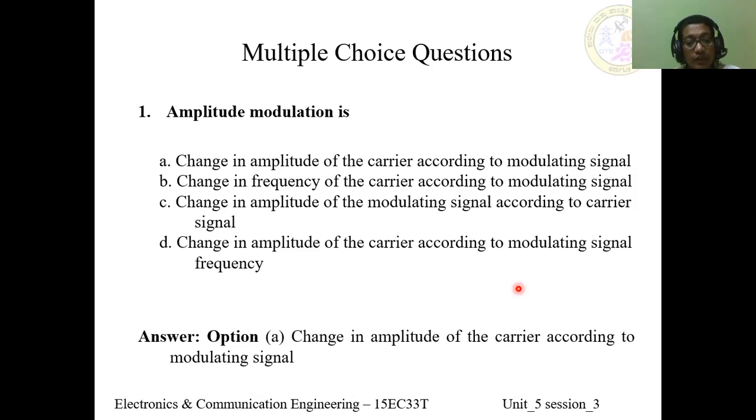Answer is A, the change in amplitude of carrier according to the modulating signal. Modulating signal here is nothing but a message signal.